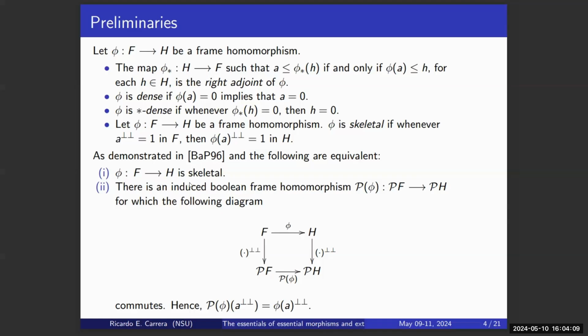If you have a map phi from F to H, it's skeletal if and only if it induces a Boolean homomorphism from PF to PH, so that it makes this diagram here commute. And then the map is defined as one would expect down here, P of phi of A perp perp is just phi of A perp perp.